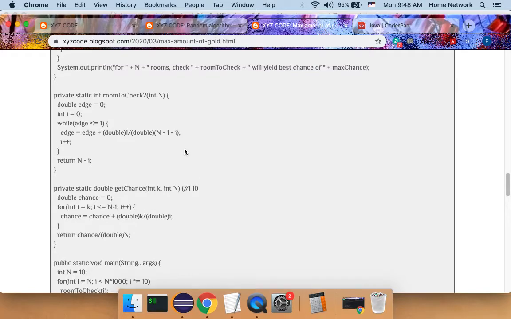Rooms to check 2. At the beginning, if we only check one room, the chance is small, but we can calculate: only check one room, then we check two rooms, then we check three rooms, until this edge flips from below 1 to above 1. Then we find the number of rooms to check.